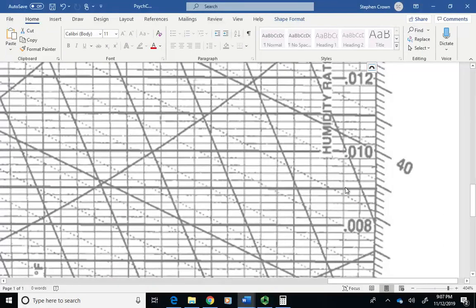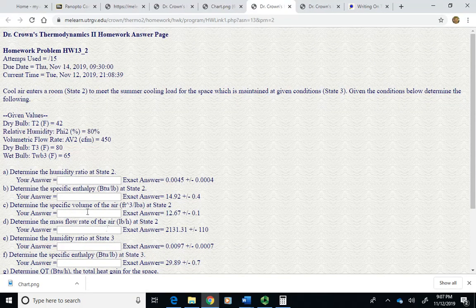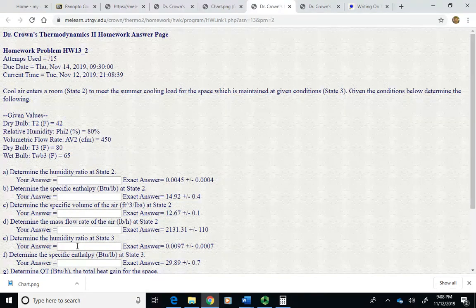So this is 0.0098 for the humidity ratio. And humidity ratio at state 3 is 0.0098. And looks like I've got a little room for error there, but that's how I'm reading it off the chart.